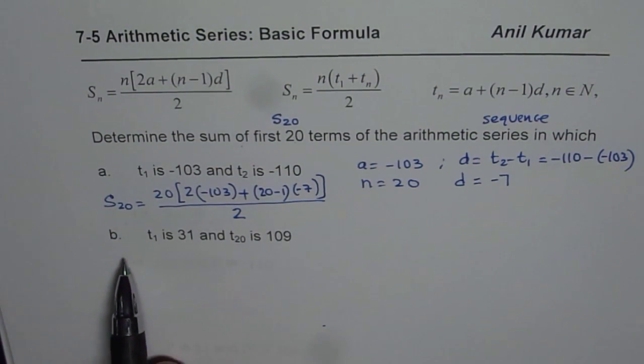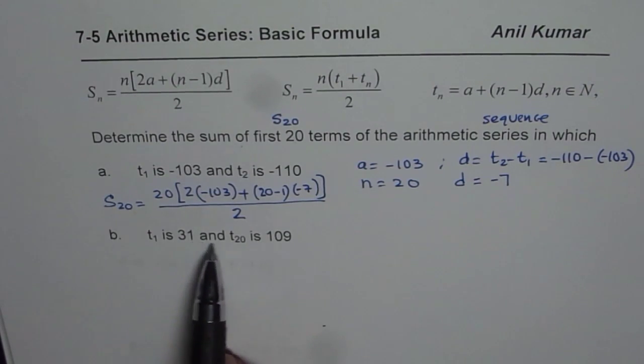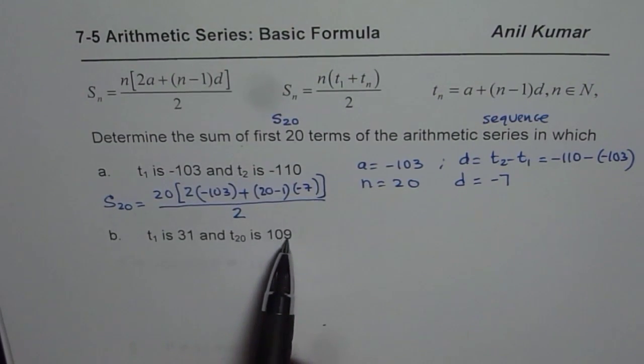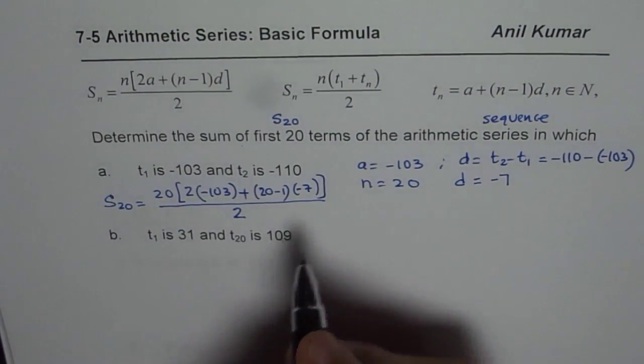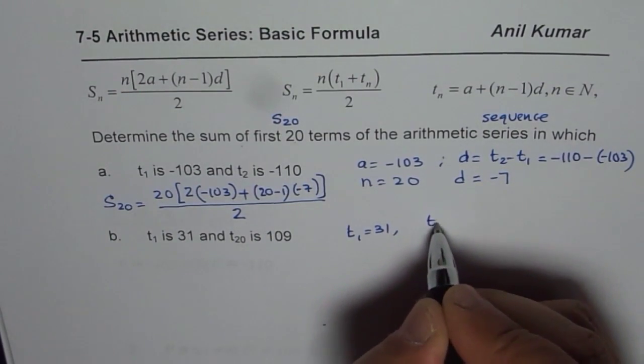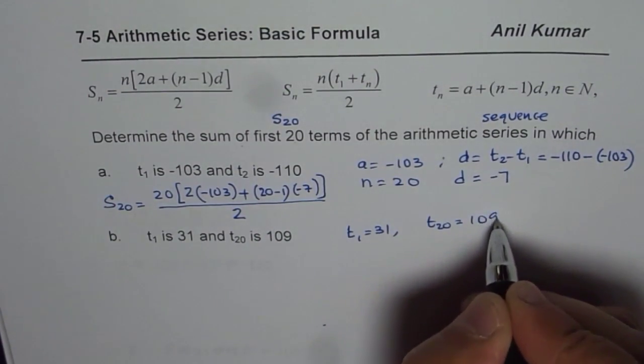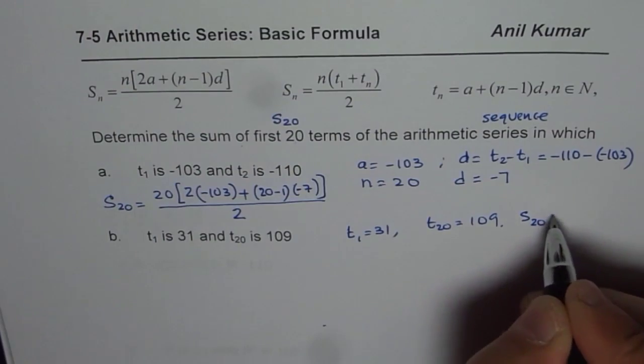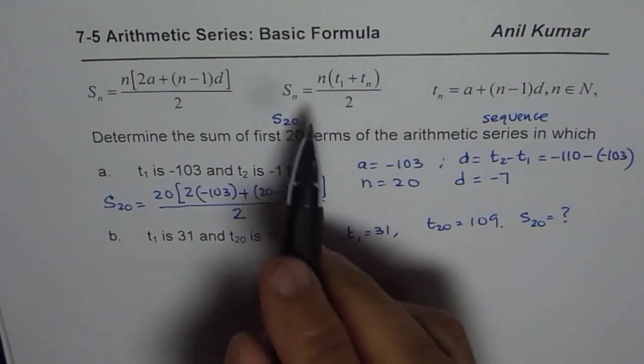Second question here is T1 is 31, T20 is 109. Find the sum of first 20 terms. So in this case it is kind of simpler. We know T1 is 31, we know T20 is 109, and we want to find S of 20, correct? So we can use this formula.